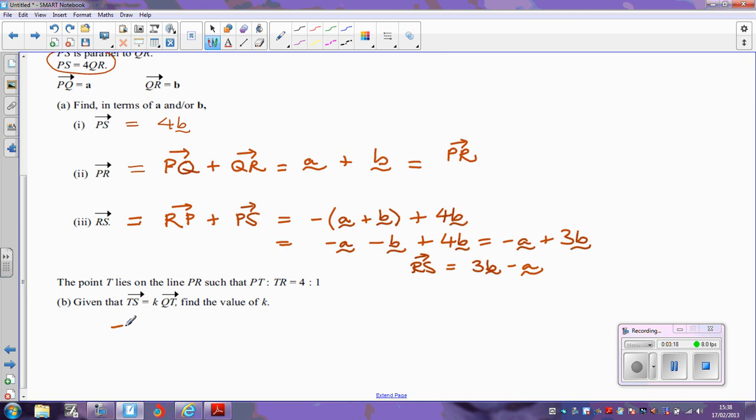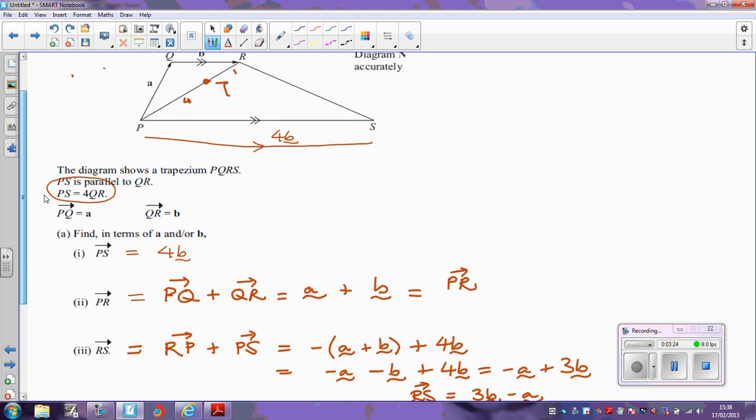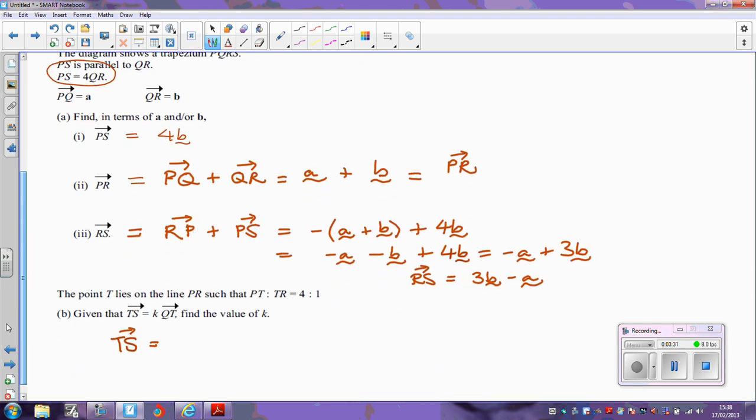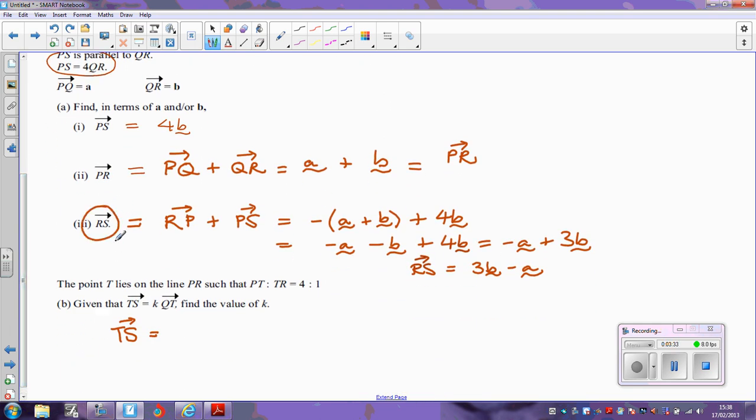Okay, let's work out what TS is first. So from T to S, so that means going from T to R, I'm going to go TR plus RS, because I've already found RS here. It seems to make sense. So TS, I'm just going to see what happens.